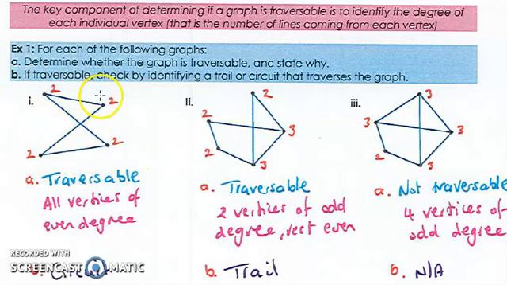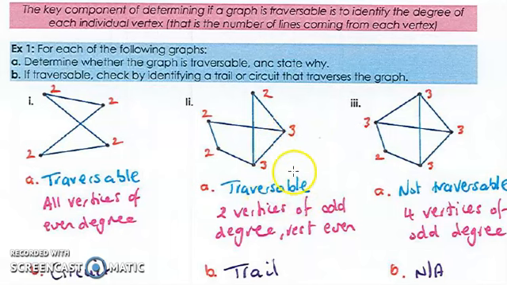Okay, so it's traversable. Second one, again, you're going to count the degree of each vertex and see if it's even or odd. This is 2, so it's even. 2, so it's even. And 3 and 3, so they're both odd. Exactly 2 are of odd degree. The rest are even. So again, you can say it's traversable.